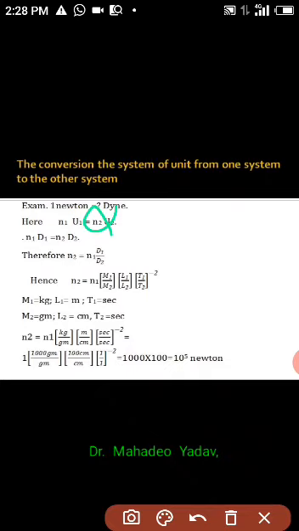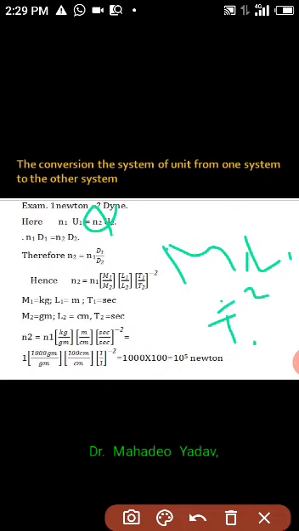Now D1 for SI force will be M L T inverse 2. This is the dimension of force. In Newton, in one system, we write M1, L1, T1 inverse 2.